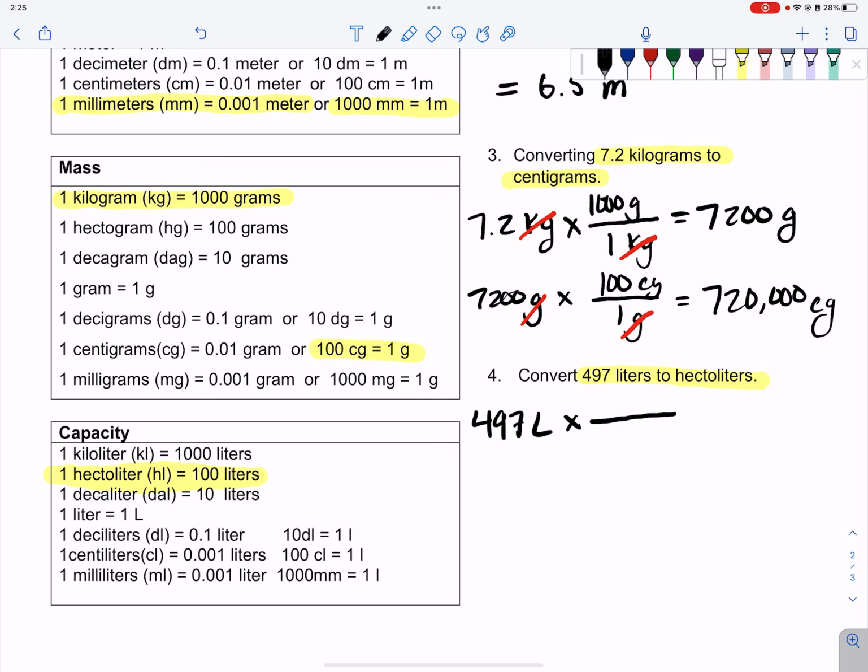So I'm going to multiply this by our 1 hectoliter over 100 liters. So that's going to give us 497 divided by 100, which is 4.97, and that's going to be in hectoliters because the liters had canceled.